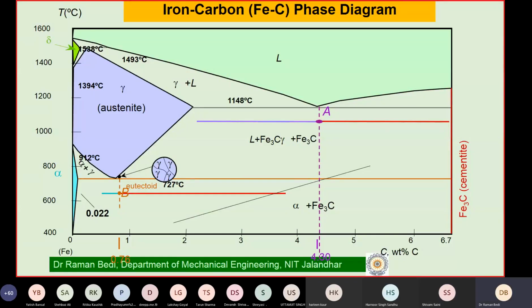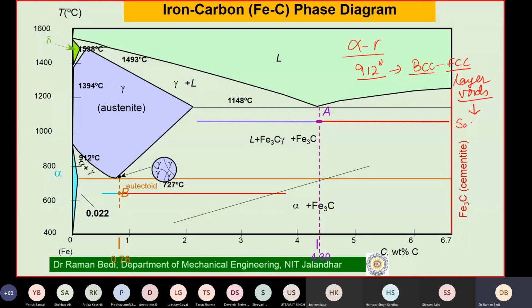So we understand that as iron undergoes a transformation from alpha to gamma at 912 degrees, there is a change from BCC to FCC lattice. The FCC lattice has larger voids, and that is why you can say that more carbon atoms can be accommodated into the solution.